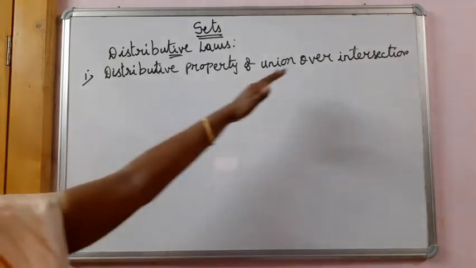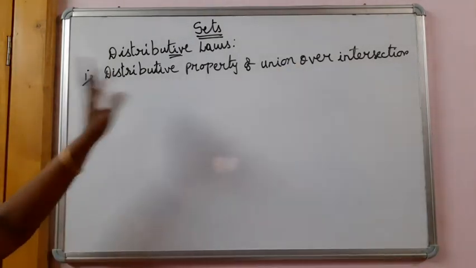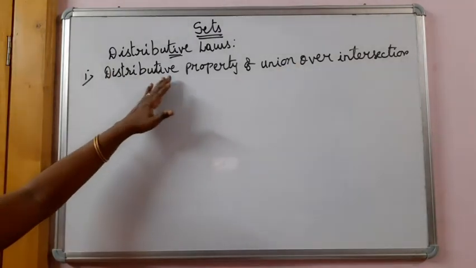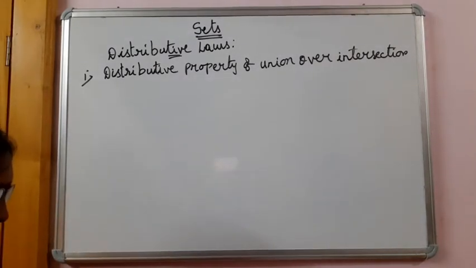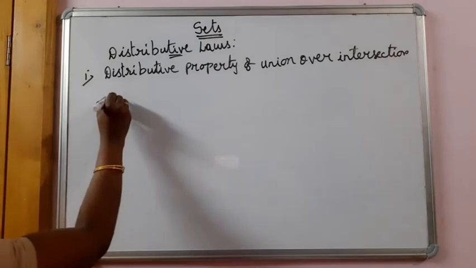First let me explain this law: the distributive property of union over intersection. So let me explain what this is.